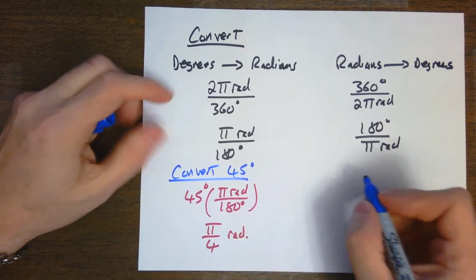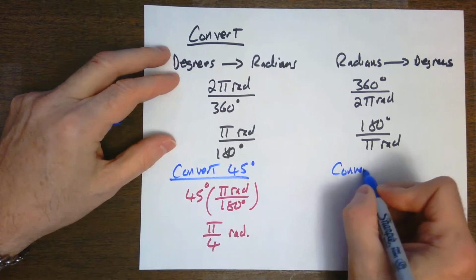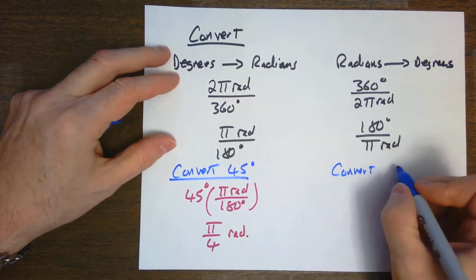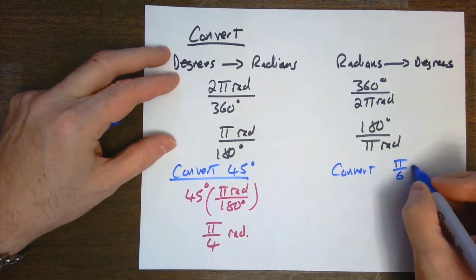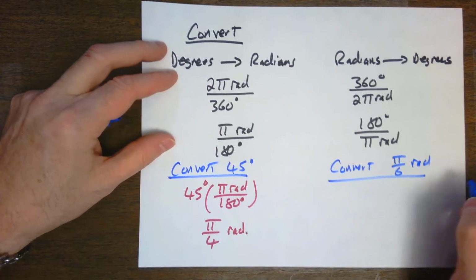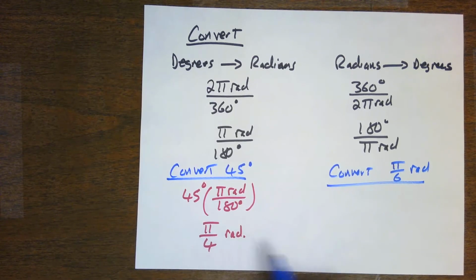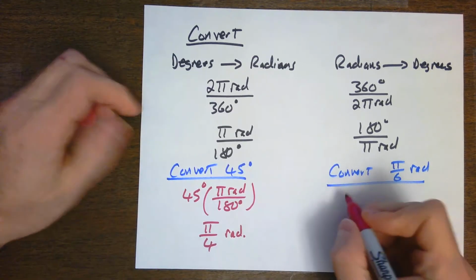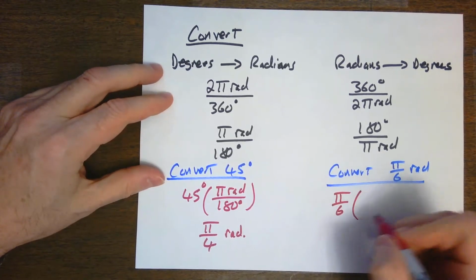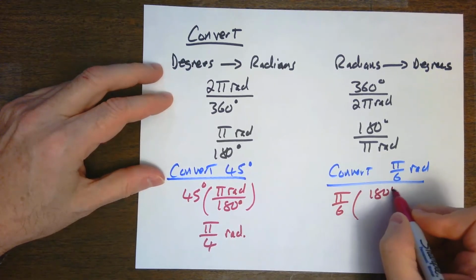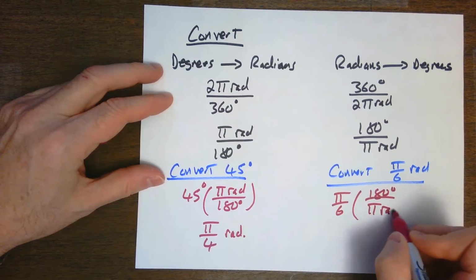Let's look at an example. Let's convert pi over 6 radians. Now notice in radians we often leave them like this, like pi over 4 or pi over 6, we leave it like that. So I'm going to take pi over 6 and multiply it by 180 degrees over pi radians.